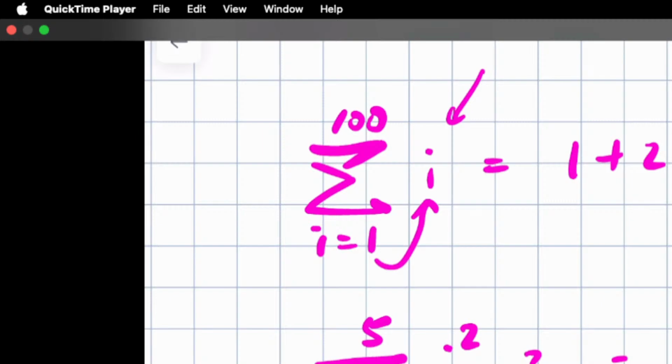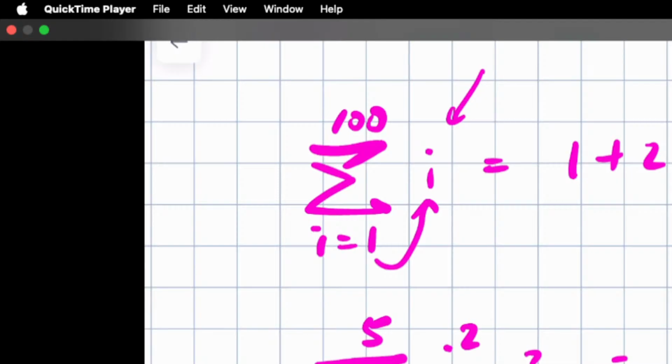The second one is a summation. This one we're going to use a lot. The summation of i from i equal to 1 to n of i is equal to n times n plus 1 over 2. So this is what Gauss discovered.